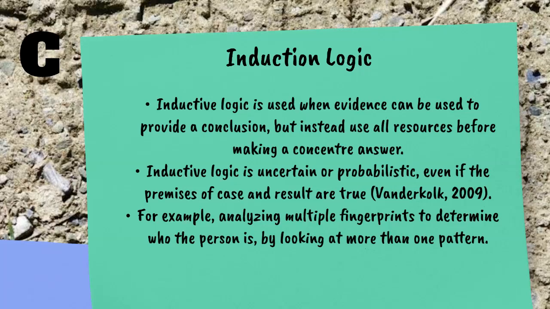We're looking at the loops of the fingerprint, the ridges and the whorls of the fingerprint. We're looking at all possible causes before we give a concrete answer about the case. So that is why induction logic allows us to go over everything from start to finish to determine what could be the possible cause before we just make a definite answer.